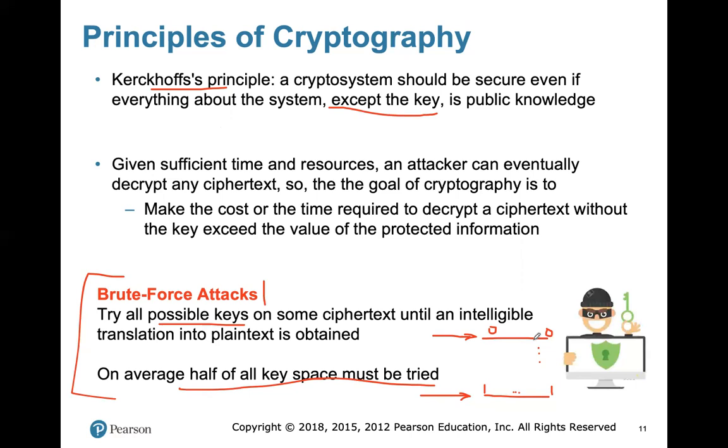If it's 64, 128, 256, whatever, 2 to the power of that number, something related to the size of that key, whatever the size of your key is, the key space is going to be limited. And if I'm an attacker, I start from the very first one and I continue, and at some point, I'll be able to find the key.